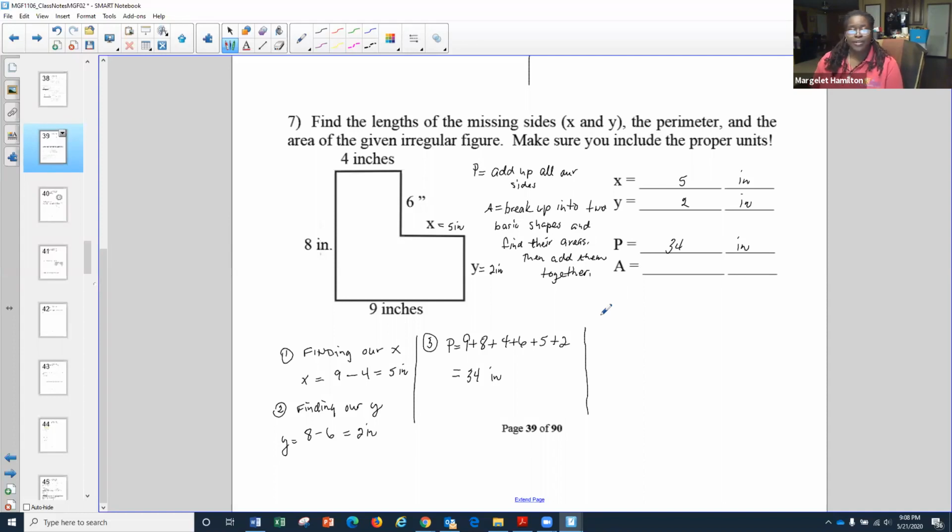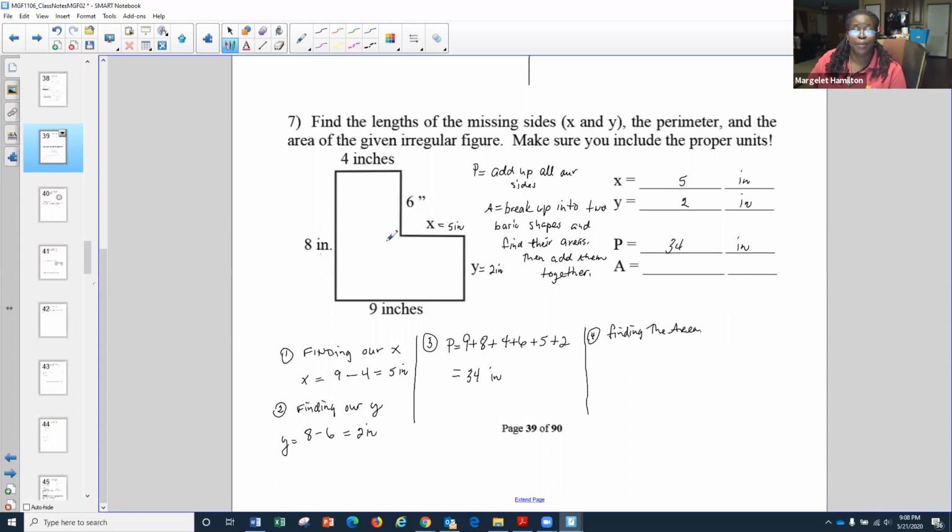All right? Now for our 4th and final part, you're going to go ahead and find the area. So now you're going to take your figure and you're going to break it up. And there's a couple of ways you can do this. Depends on who's looking at it.